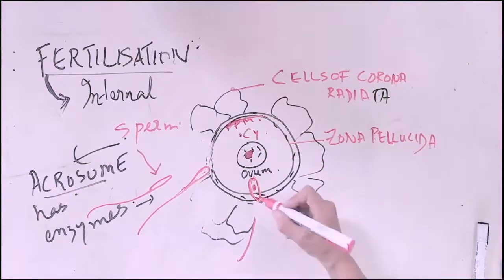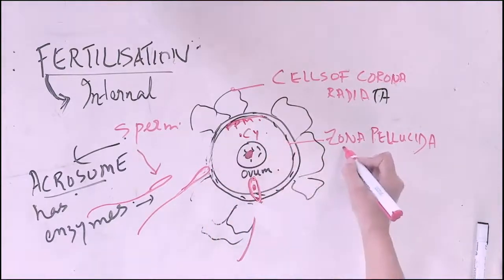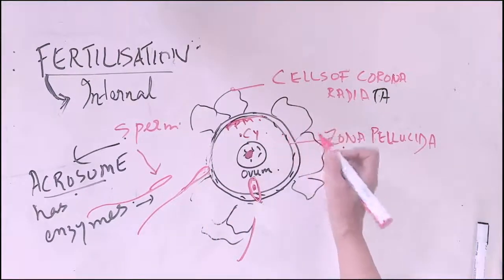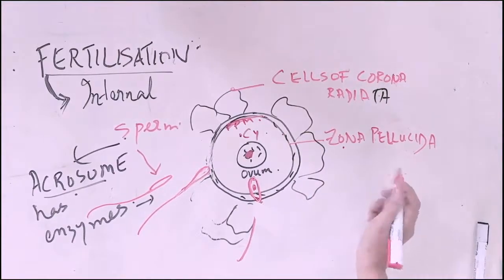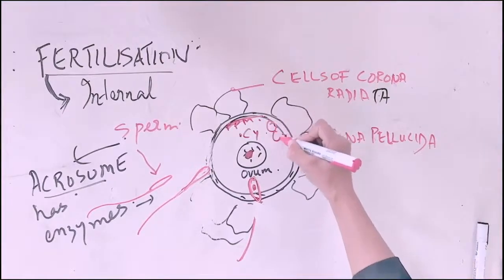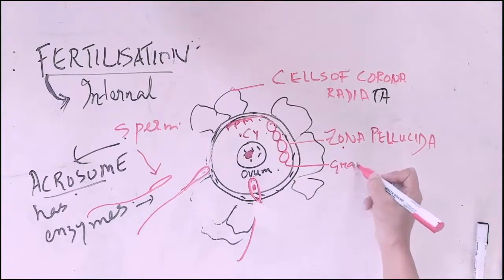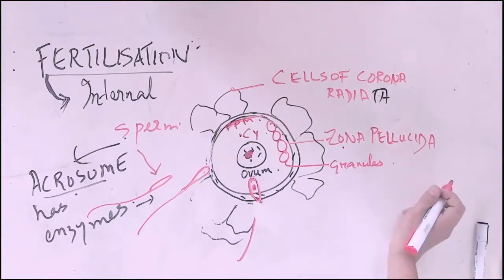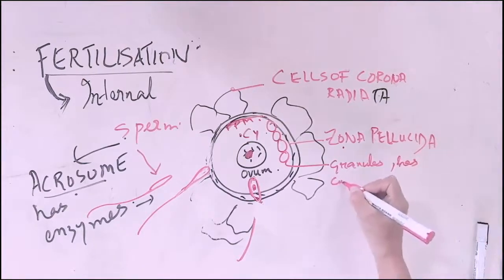One. So as soon as this enters, what happens is that the zona pellucida, here inside they have the cells, all right, the cells known as the granules. Granules cells. Okay, zona pellucida cells has granules which has enzymes, cortical enzymes.